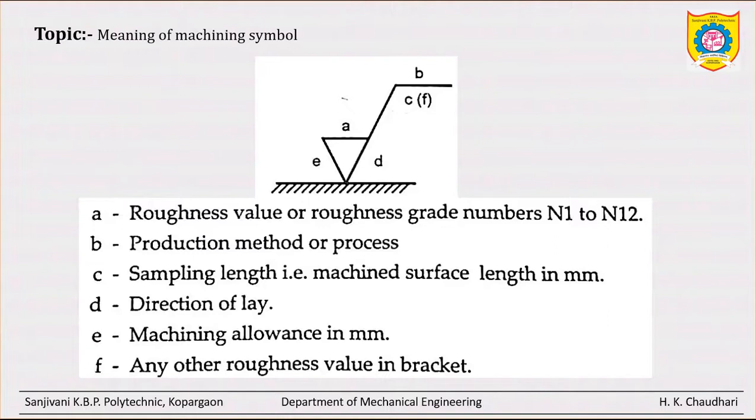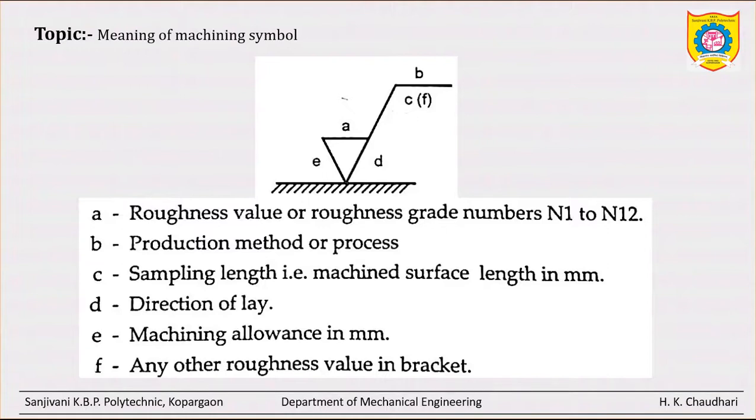So the surface obtained from such machining processes we need to represent on our drawing. This is a very important parameter in machine drawing. So it is included in this chapter, production drawing.